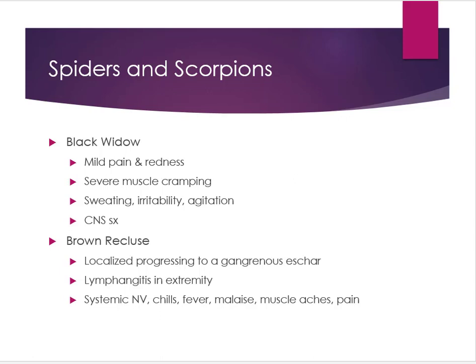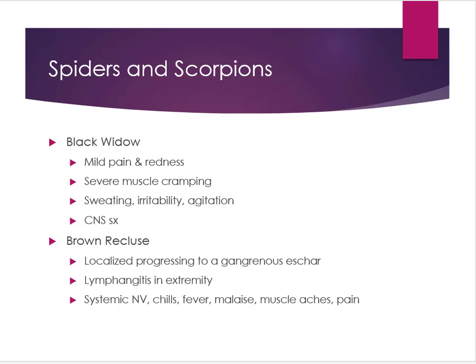These wounds need to be cleaned with soap and water, and then have some administration of pain meds, nausea meds, and muscle relaxants, and then tetanus prophylaxis is needed. With the brown recluse spider, we know that there can be localization of where the bite is to a gangrenous area with eschar.